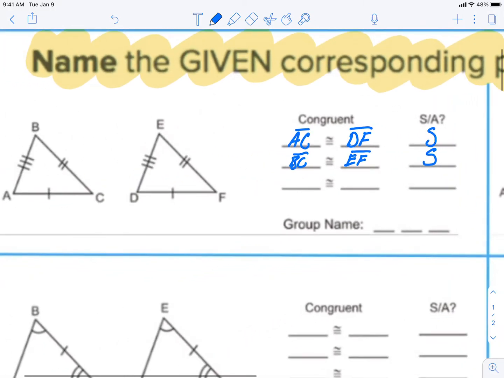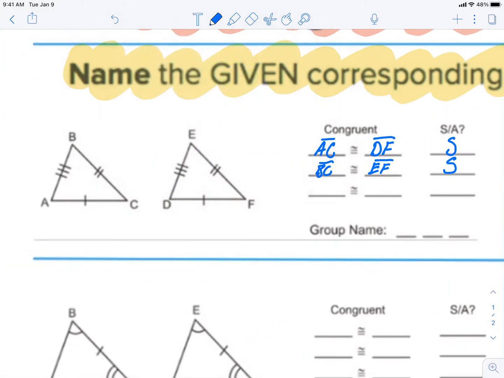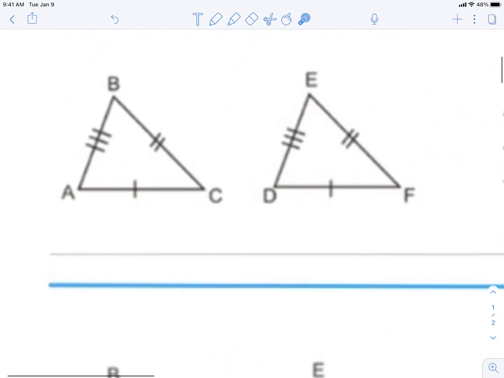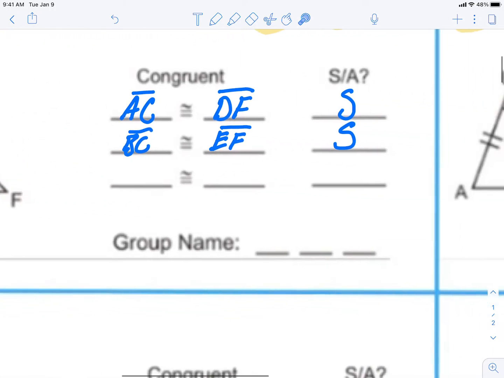Finally, the triple dash: from A to B is congruent to this triple dash from D to E. So AB is congruent to DE, and that's also a side.